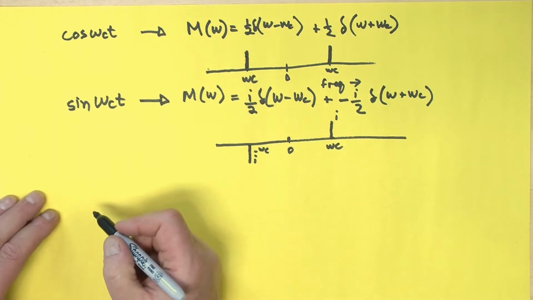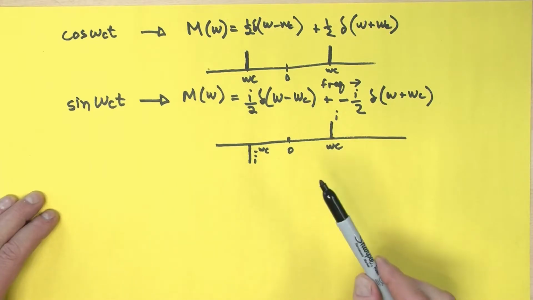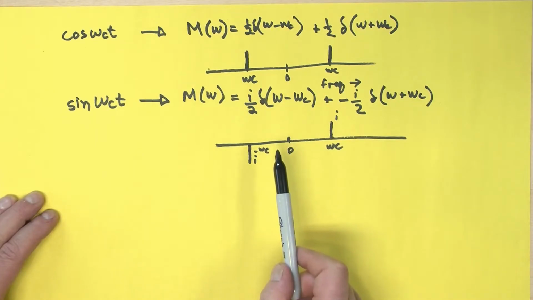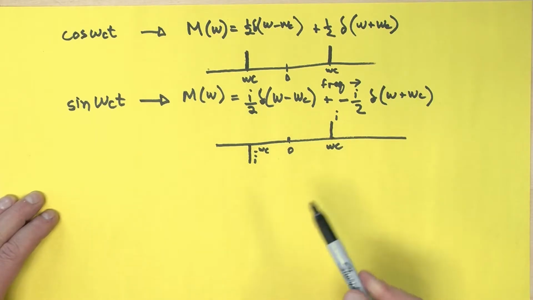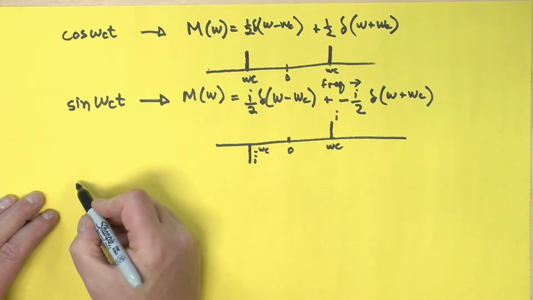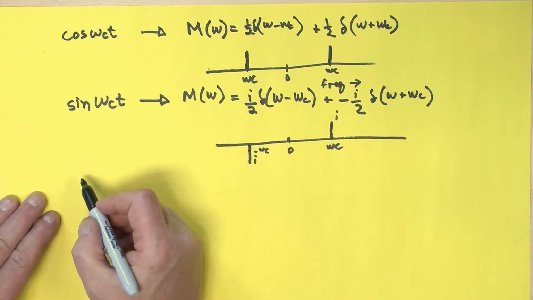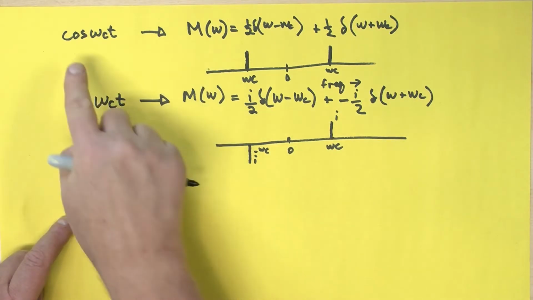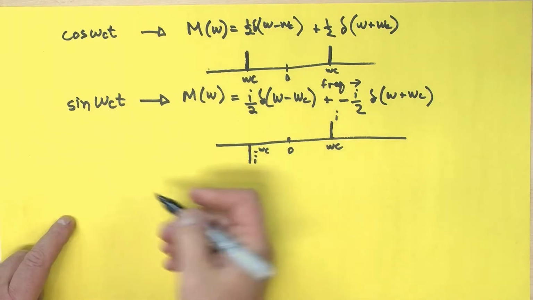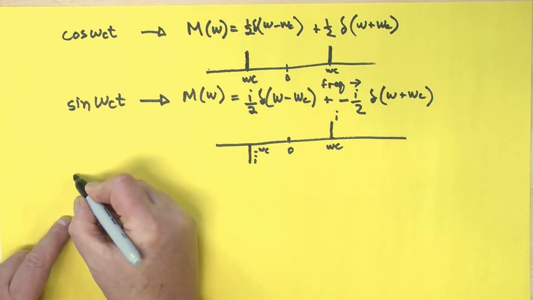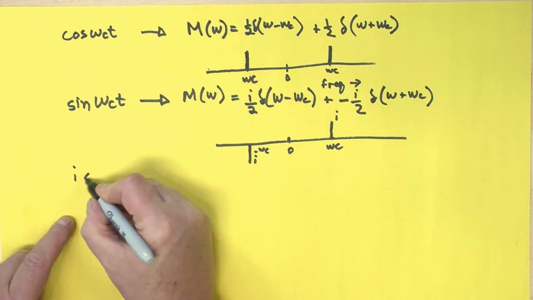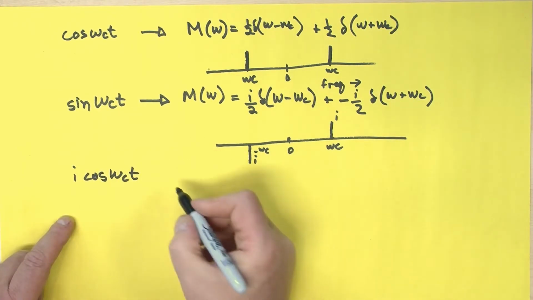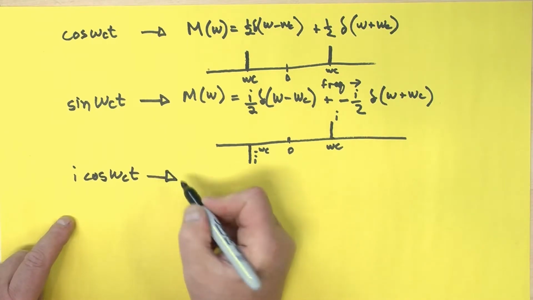But we can now take things one step further, because there's nothing in our equation that says we can't stick in imaginary numbers in the input for that mystery function. So if we made our mystery function m of t have an imaginary value, and we'll pick a really easy one, we'll simply take this and multiply it by the imaginary number I. So what we'll do is we'll have I cos omega c t, and you might be wondering, what result is that?